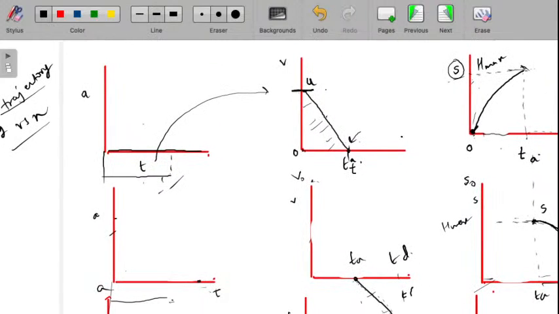Now comes a graph of distance versus time. If I have to plot the distance versus time graph, you will notice that the distance can never become lesser than displacement, and it can never reduce in time. So during the first part of the journey, the distance and displacement are the same, but in the later part, this displacement gets added to this displacement.